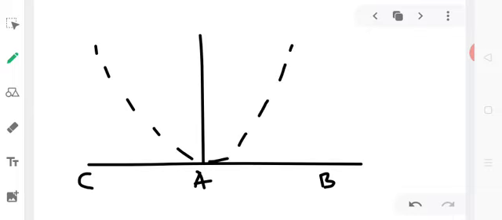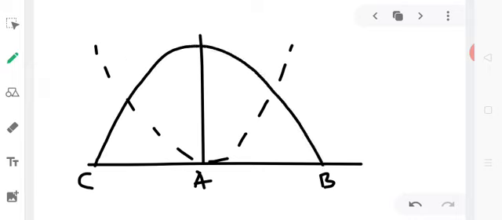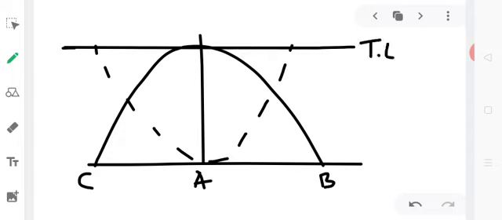As we have just seen the graph for potential energy, so with dotted lines I am showing the graph for potential energy, and for kinetic energy it would be like this. So the total energy always remains constant.